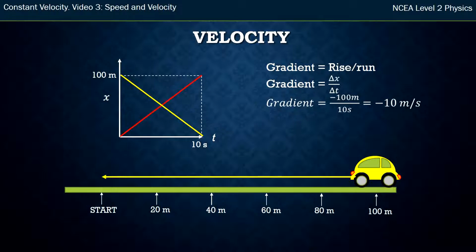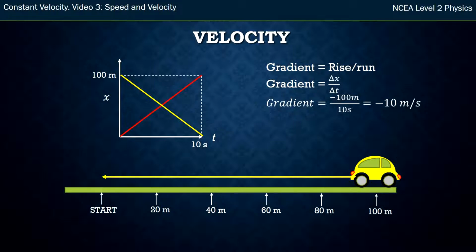Its final position was 0 minus initial 100 gives me negative 100. Another way to think about it is if I started at 100, but my change in position was positive 100, I'd end up at 200. So the only way I can start at 100 and end up at 0 is if my change in position is negative. Do the calculation and my gradient comes out at negative 10 meters a second as opposed to positive 10 meters a second.